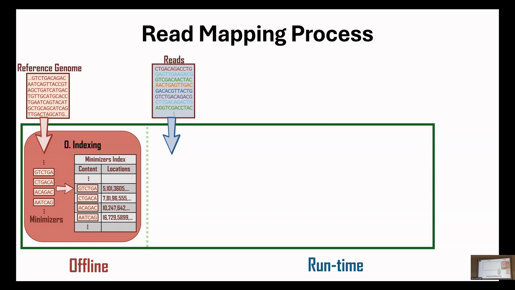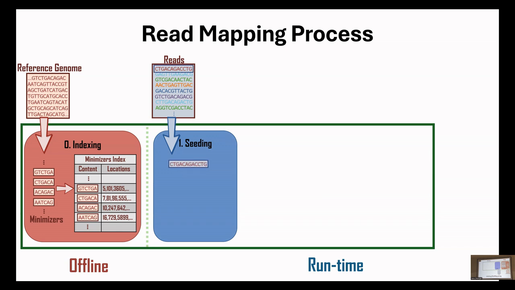During runtime, we receive the reads. Then we perform seeding, where we take a read, find its minimizers, and check in which locations in the reference these minimizers appear. And these are our potential locations, meaning the locations that the read probably came from.